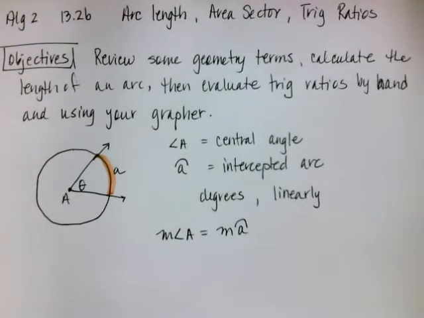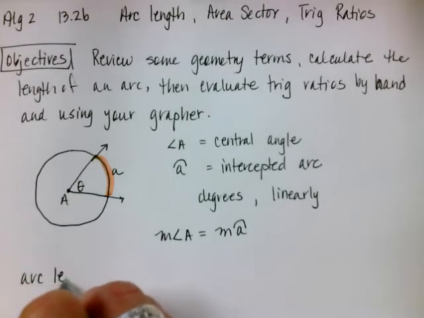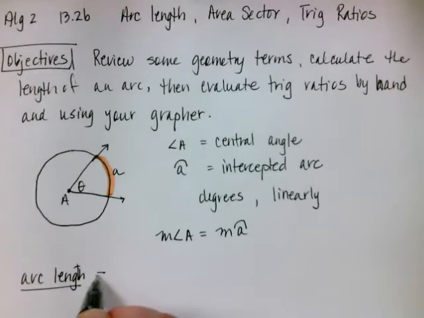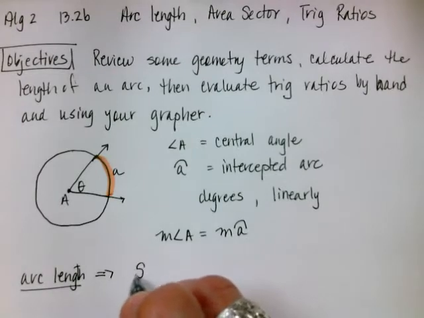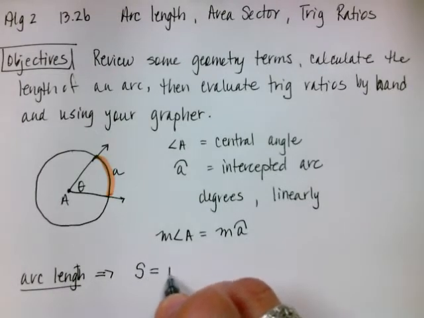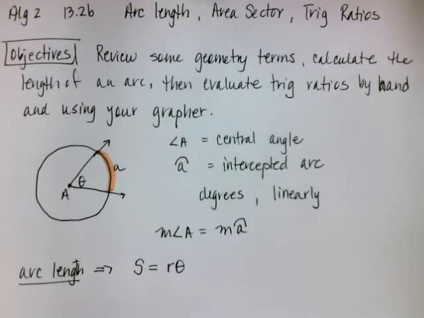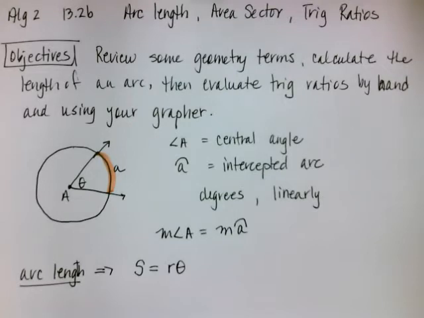But in trig, what we're going to talk about is the arc length, which means I want to smash my little arc out and measure it linearly. So it's going to be done with a handy dandy formula called S equals R theta. So instead of taking my little arc and smashing it and measuring it with a ruler, I can use a handy dandy little formula.